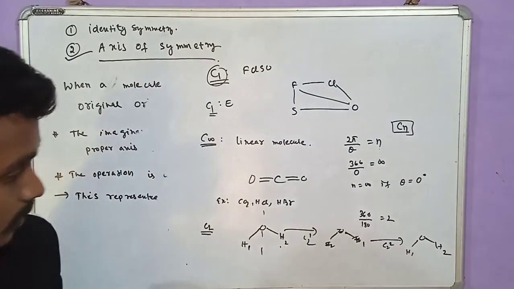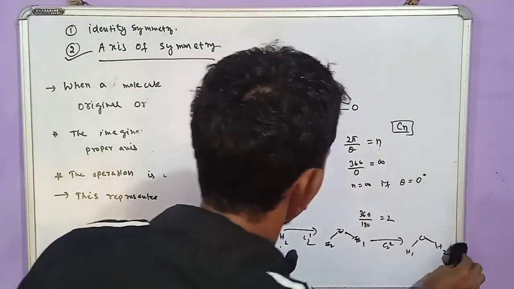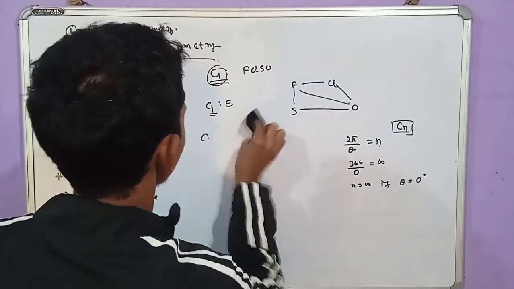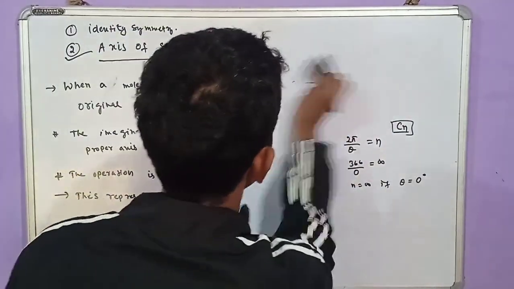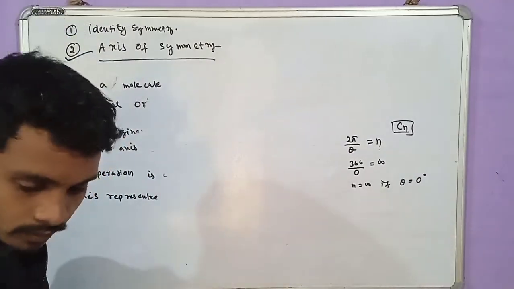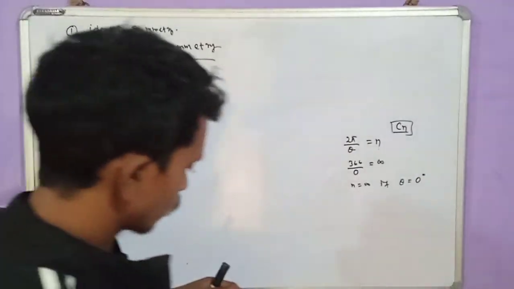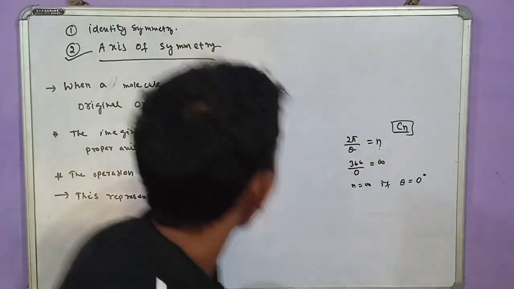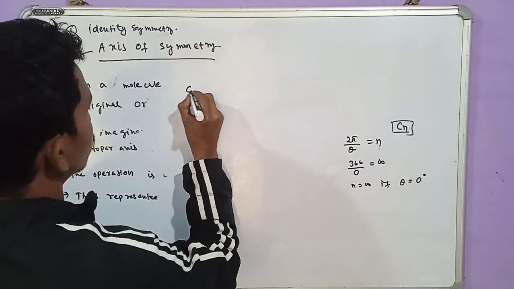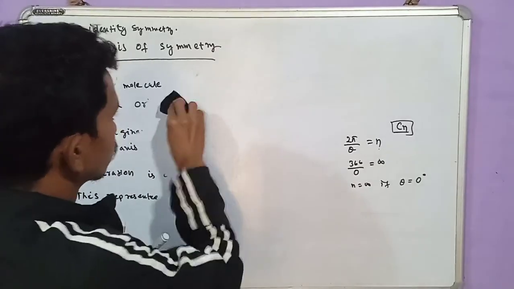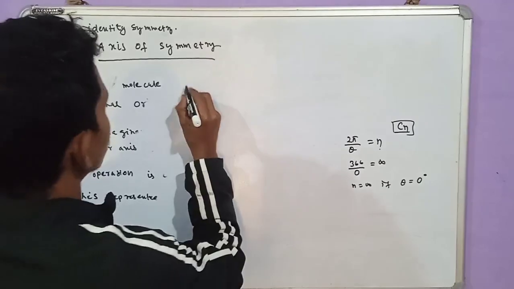Okay, next type of example, let's say C3, so C3 type, C3 axis. Okay, next is C3.